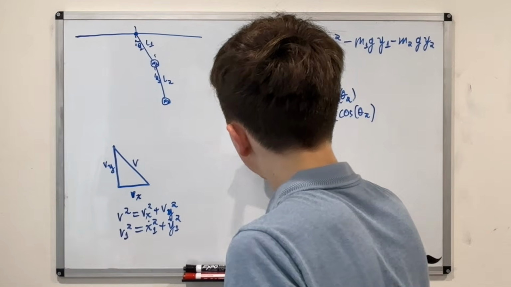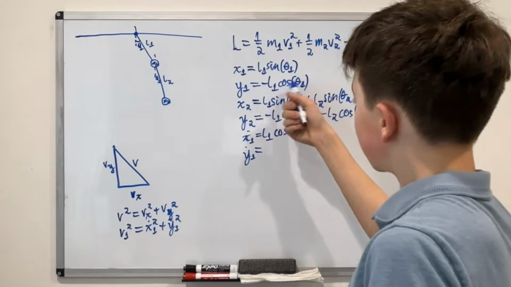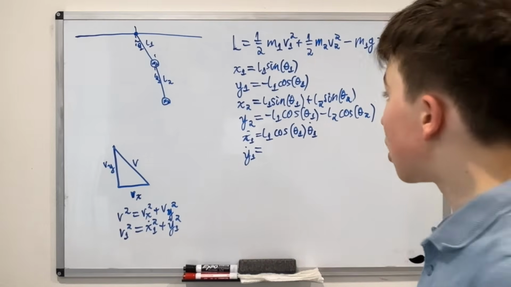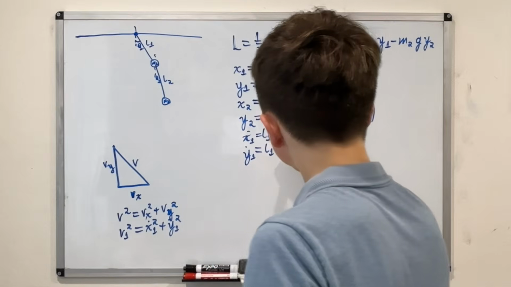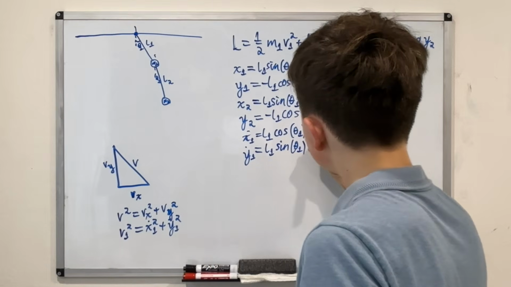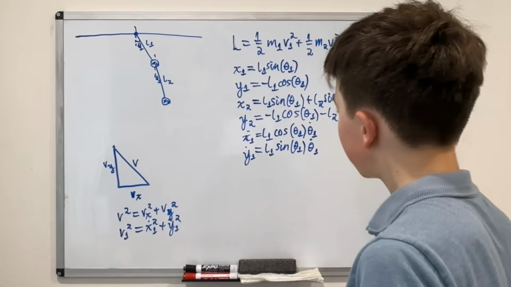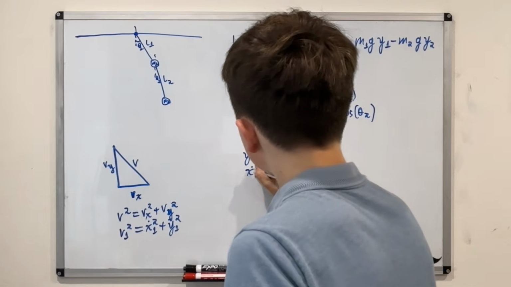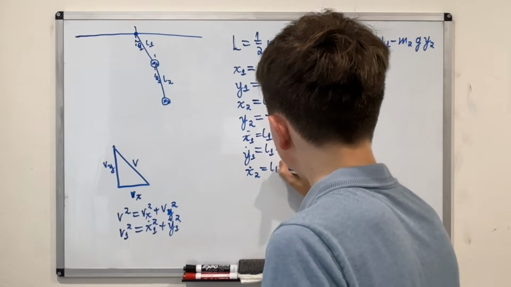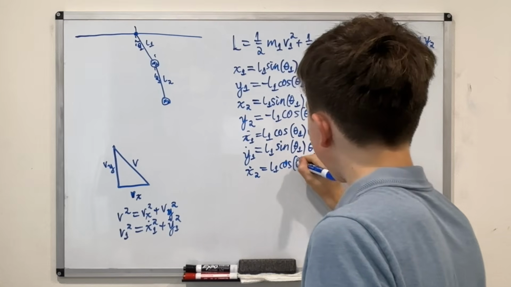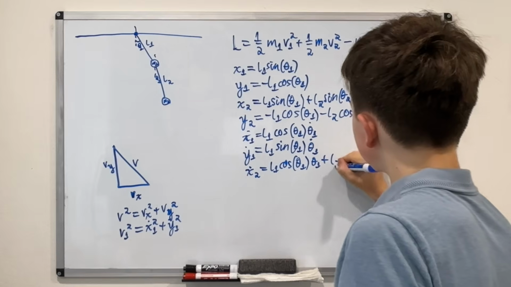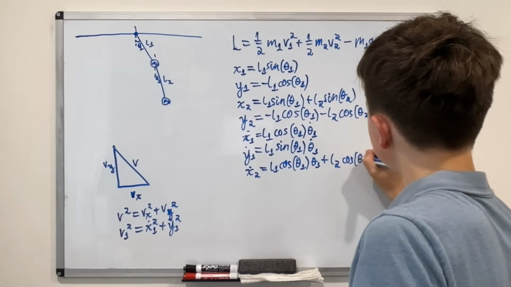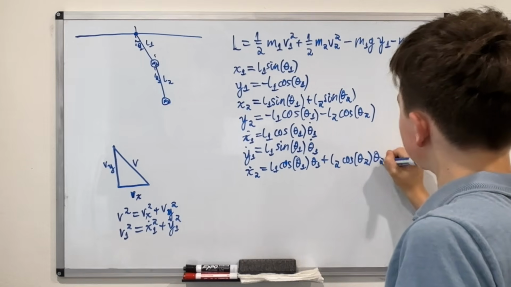Similarly, y1 dot. Here the derivative of negative cosine is positive sine. So we're going to have L1 sine of theta 1 times chain rule theta 1 dot. And then for x2, we proceed in a similar way. We have L1 cosine theta 1 times theta 1 dot plus L2 cosine theta 2 times theta 2 dot.